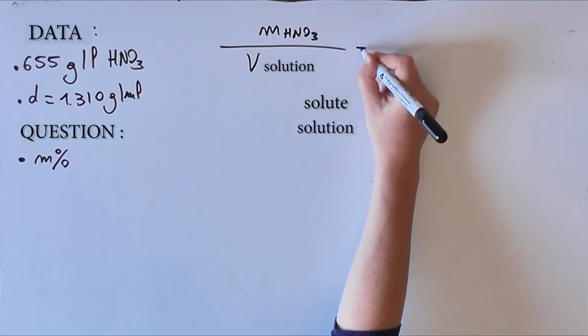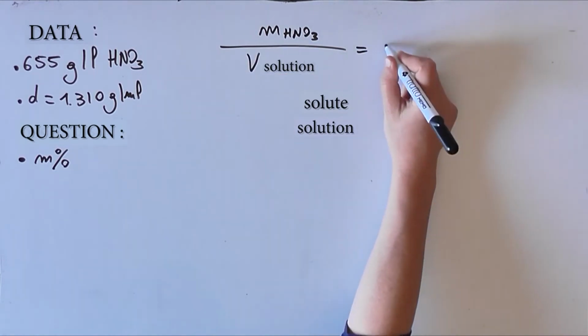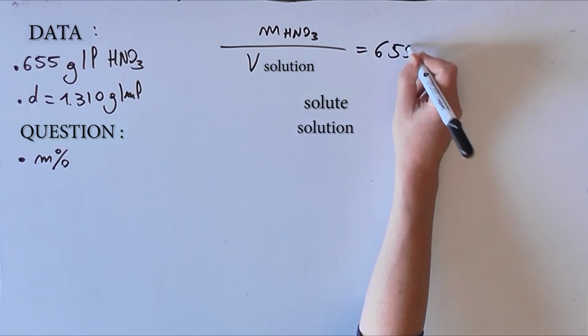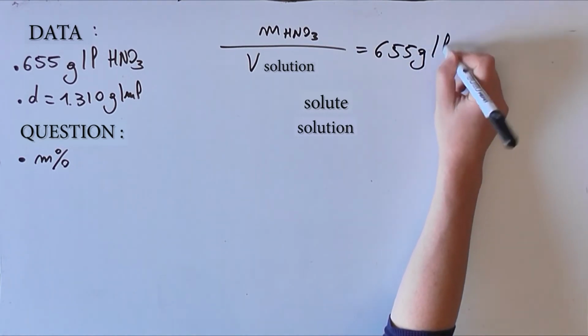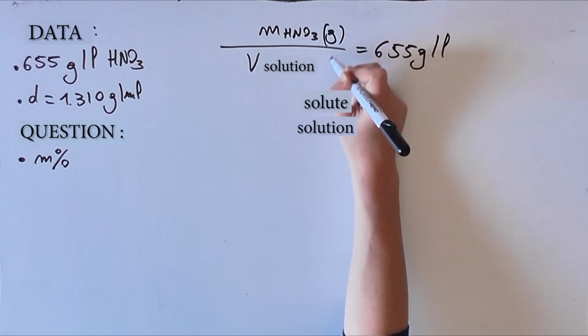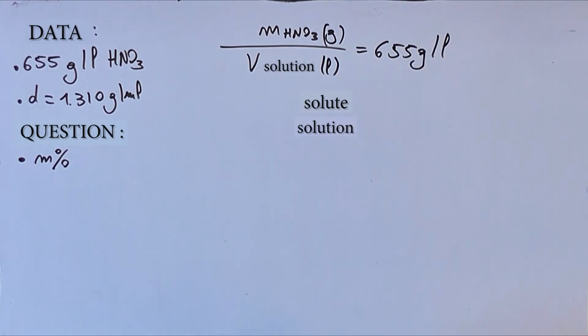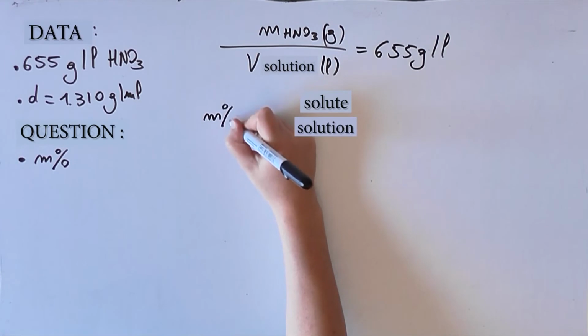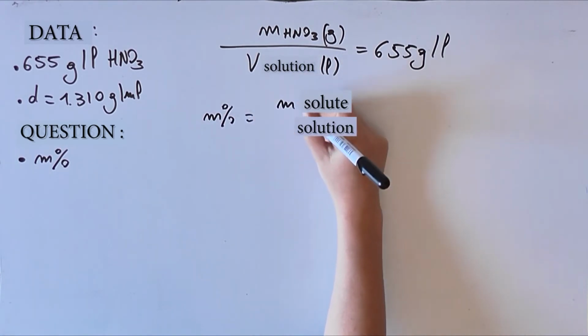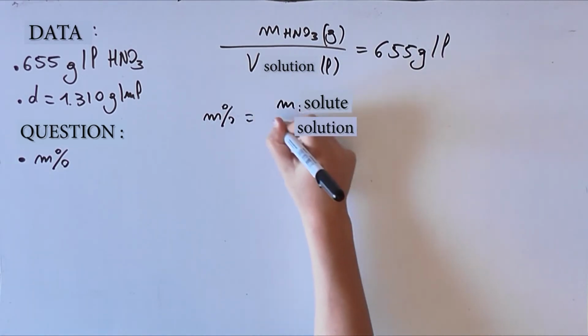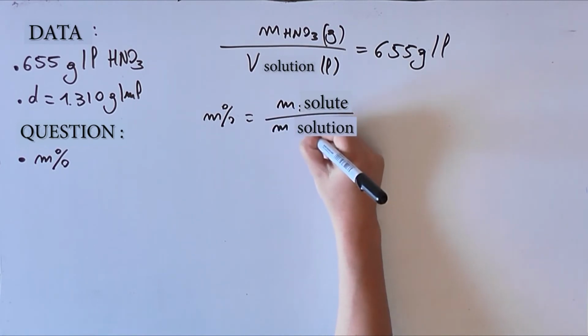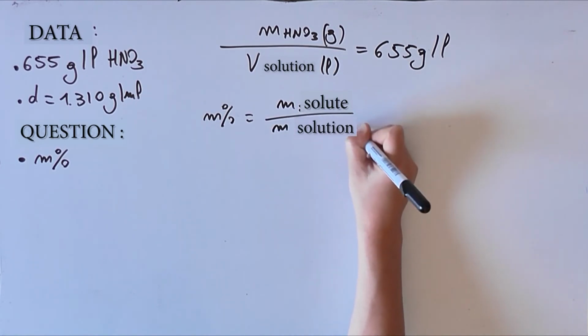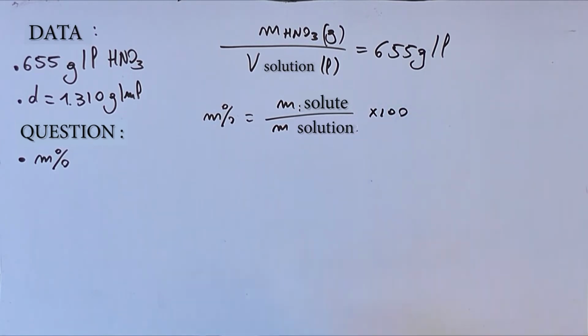Everything equals 6.55 grams per liter. Let's write also the units here, grams per liter. Now let's write again the mass percentage definition, which is the mass of solute divided by the mass of solution times 100. Let's frame it again, as we have done more and more times.